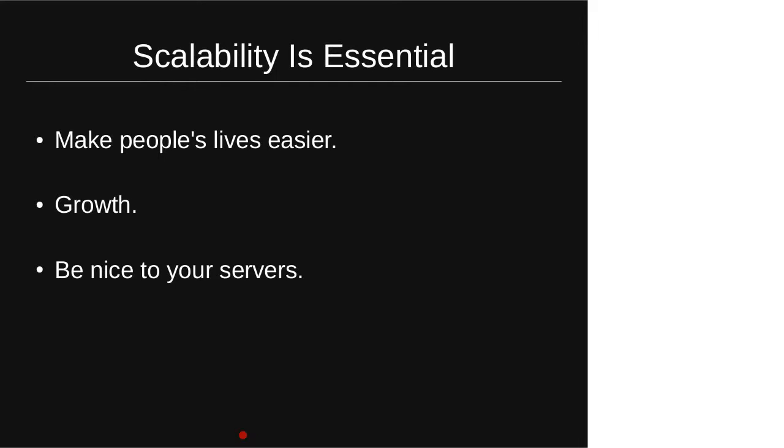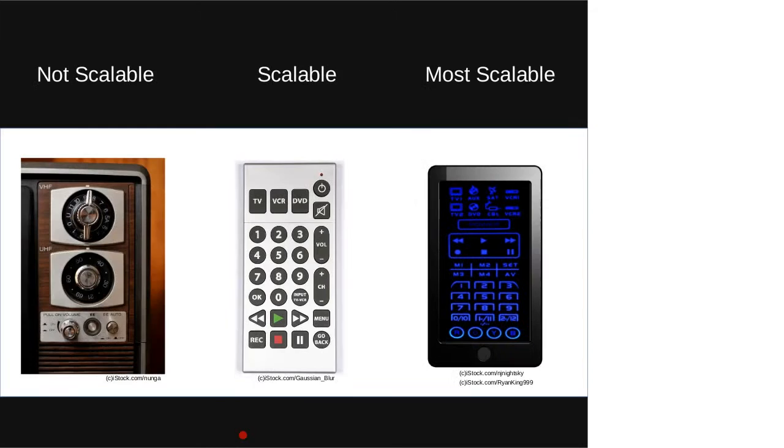Now, scalability is important in any kind of user interaction. So this is something we're probably all familiar with. Maybe not the first example there, but TV remotes and channels.